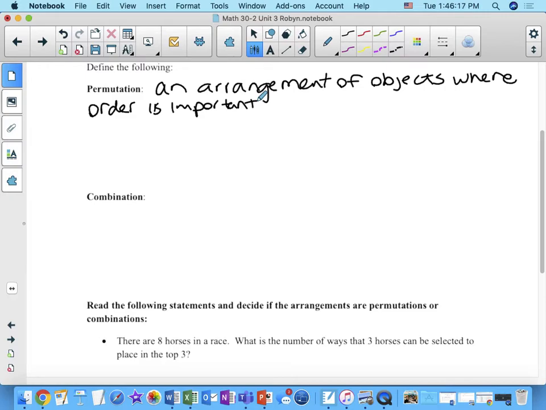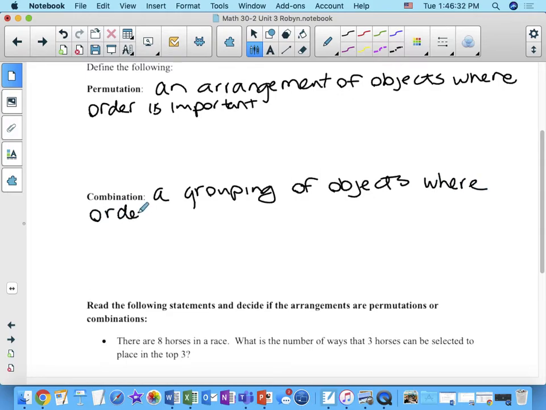Yeah, grouping. A grouping of objects where order is not important.